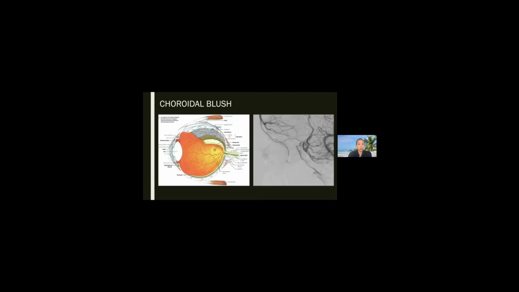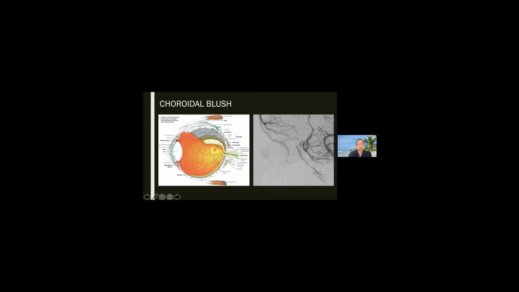And so what you often see on an angiogram is the choroidal blush, and the choroid is essentially a layer deep to the retina and is highly, highly vascularized, and it's supplied 80% by the ciliary vessels. And the retina is supplied 80% by the ciliary vessels and only 20% by the central retinal artery.